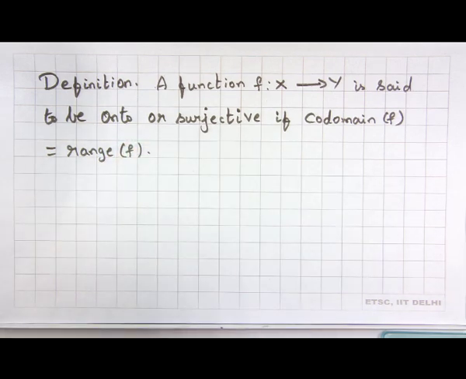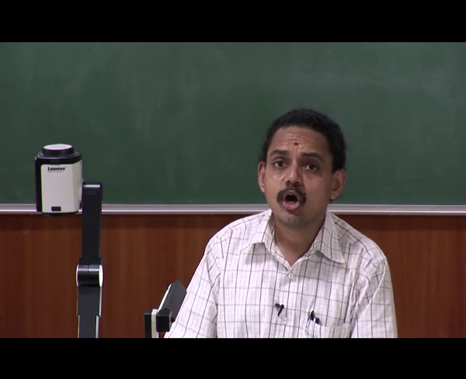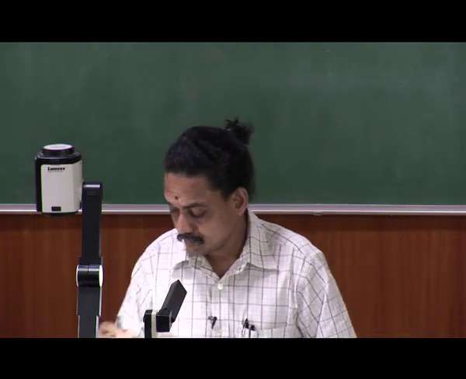Whenever the codomain of f is equal to the range of f, you say that such a function is onto or surjective.